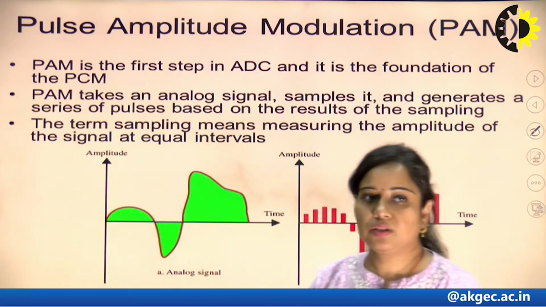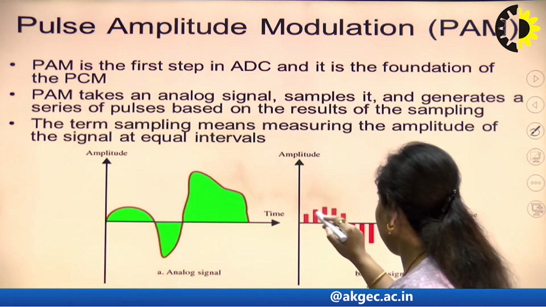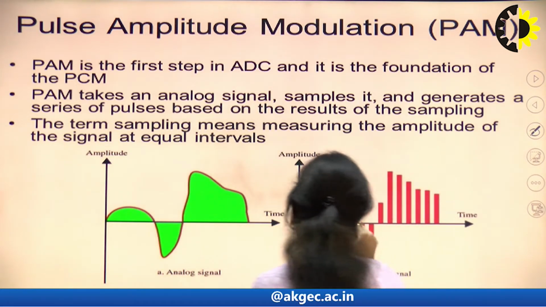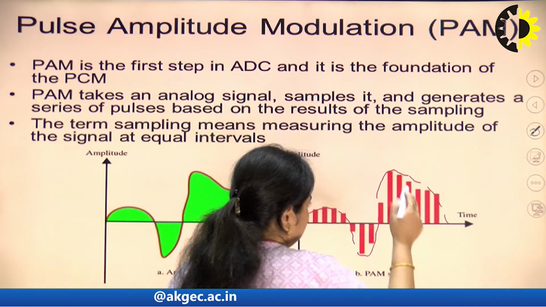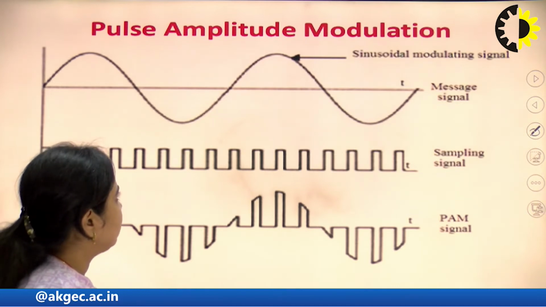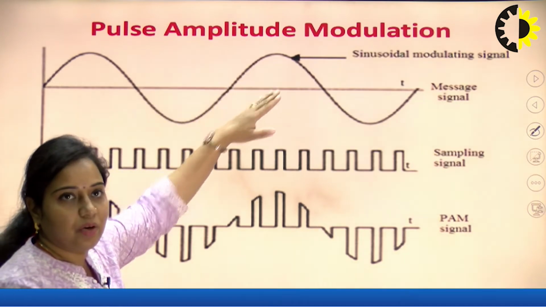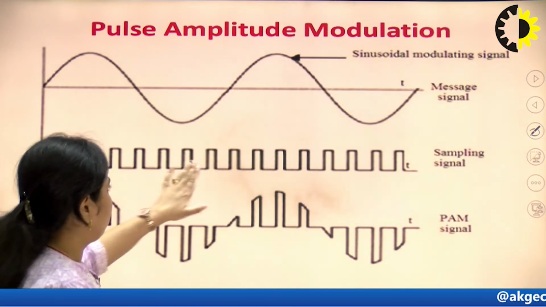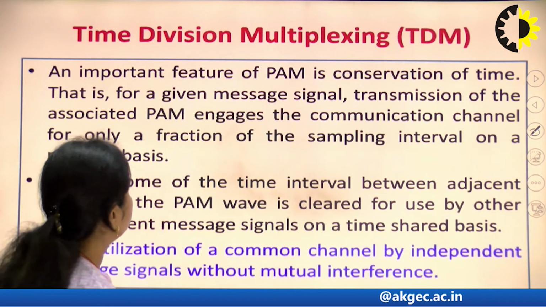You can see in this waveform that this is the analog signal and this is the pulse amplitude modulated signal, and you can easily make an envelope out of this, which will make up the analog signal again. This is the message signal which is analog in nature, this is the train of pulses having width tau, and this is the pulse amplitude modulated signal.